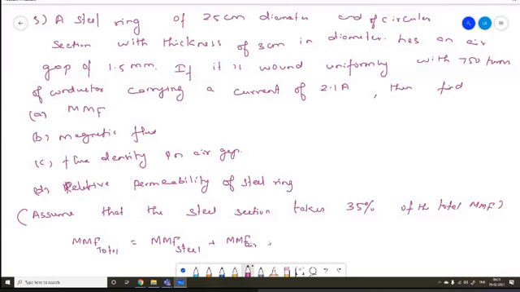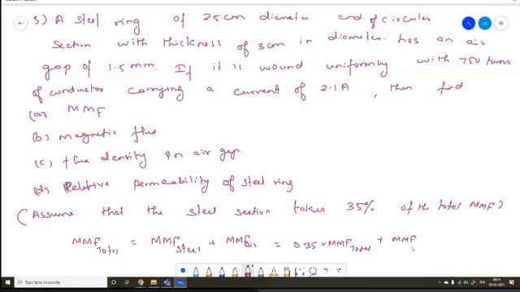And how much is the mmf steel? This mmf steel is nothing but 35%, that is 0.35 times the mmf total.